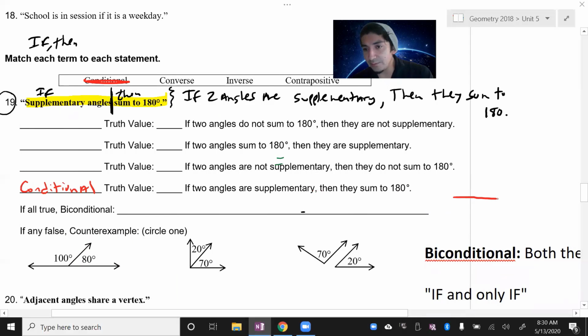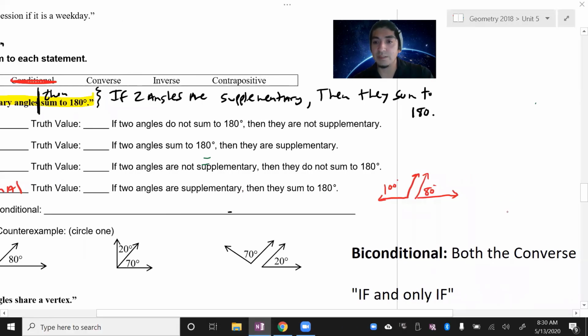So one example, let's see, one example you can have is an example where it's 100 degrees, and that can be 80. And so they're supplementary because they add up to 180. And then we have this example over here where it is 100 degrees and that can be 80.